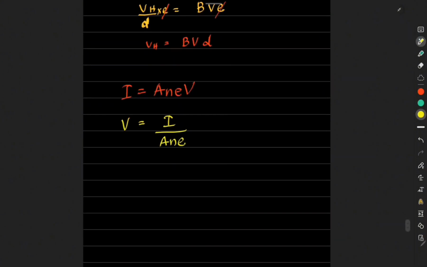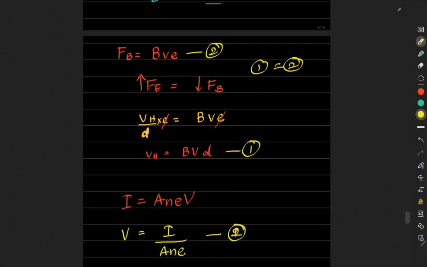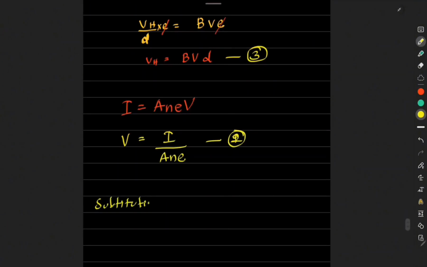We're going to substitute this v into VH equals B v D. This is equation number 1, and this is equation 2. Equation 1 should be equal to equation 2, and this is formula 3, and this is formula 4.